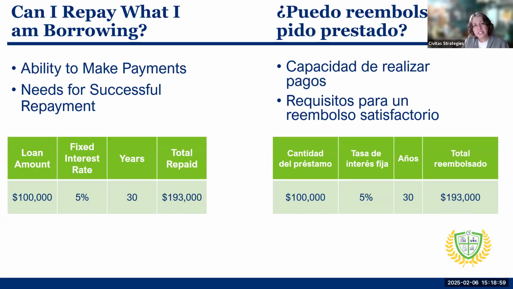So understanding first your minimum monthly payment in comparison to the accumulation of interest over time, right? We know the longer you wait to pay, the more you end up paying. So if you took out a loan of $100,000 with a 5% fixed interest rate, right? That just means that that interest rate isn't going to change for the lifetime of that loan. And you do this to purchase real estate for your childcare business.